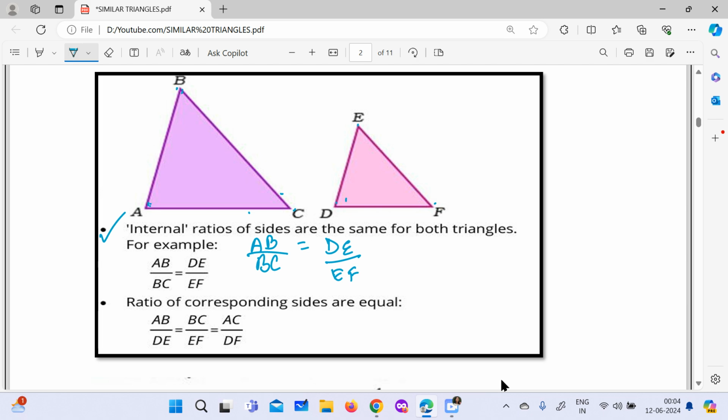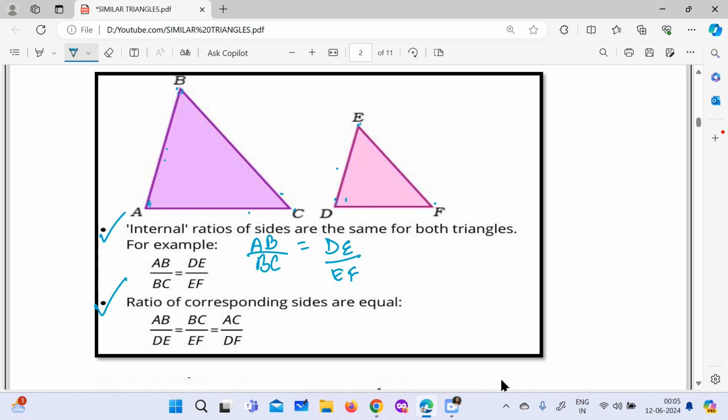Now, there is another way of proving that. That is comparing the ratio of corresponding sides. Whenever we say corresponding side, it refers to the matching side. So you can see AB is corresponding to DE. Both the sides look the same, then this is the larger one, and BC its corresponding is EF.